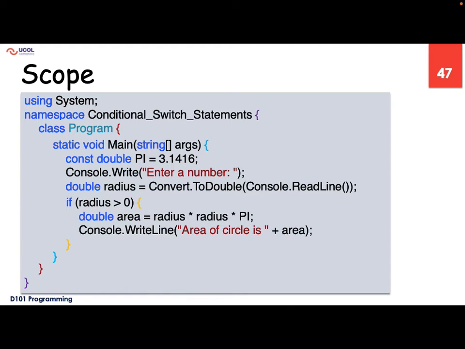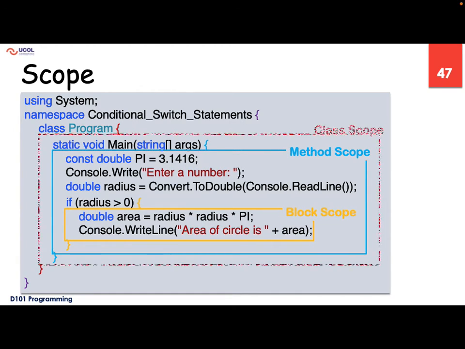Of course, method is also a block, class is also a block, and if you look at the namespace, it is also a block. They are all blocks. Curly brackets represent a block. So everything goes fine. That's a block level scope. This is our method level scope. This is our class level scope.